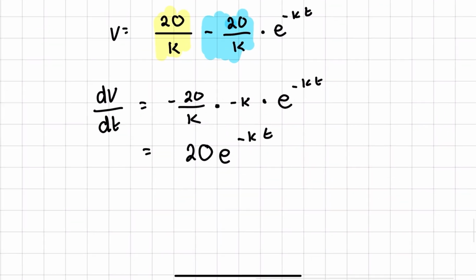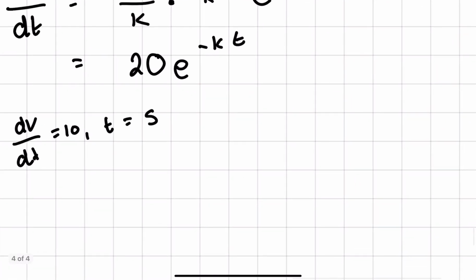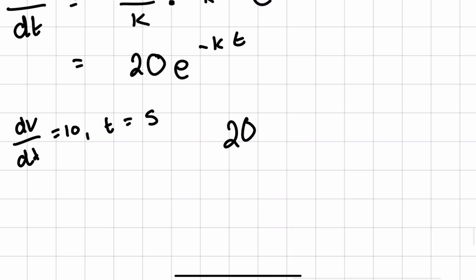We are told in the question, dv over dt equals 10 when t is 5. So 20e to the minus k times 5, so minus 5k, equals 10.